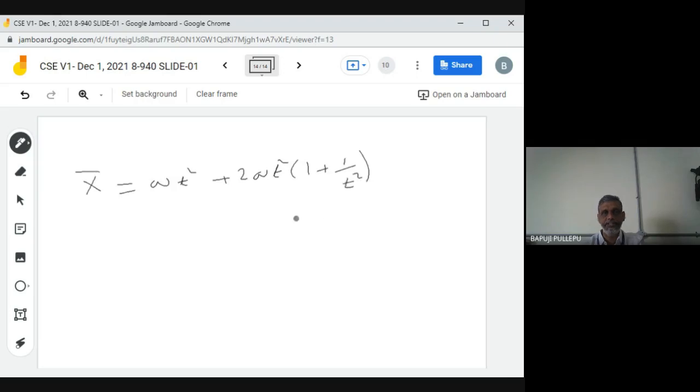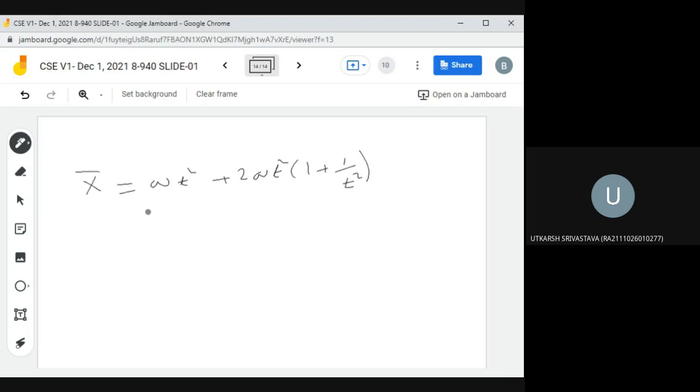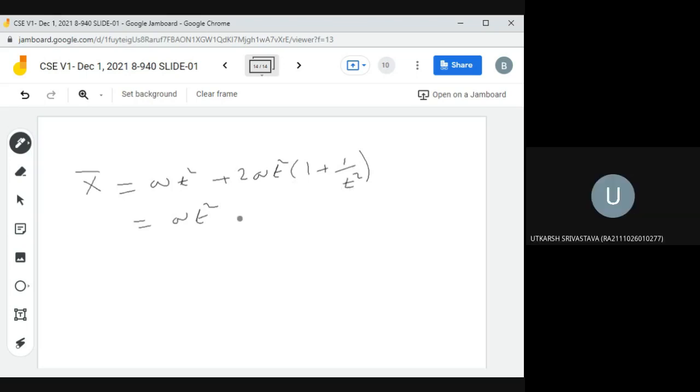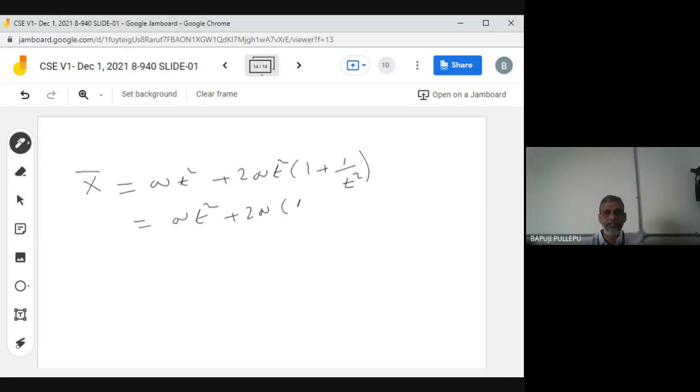After cancelling everything, simplify. If you take LCM, t squared plus 1 by t squared, this also can. Plus 2at squared plus 2a, 2a into t squared plus 1. Correct?